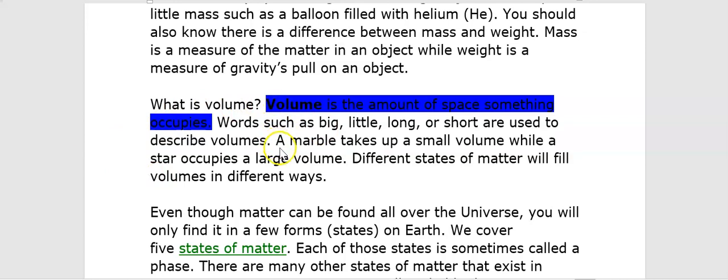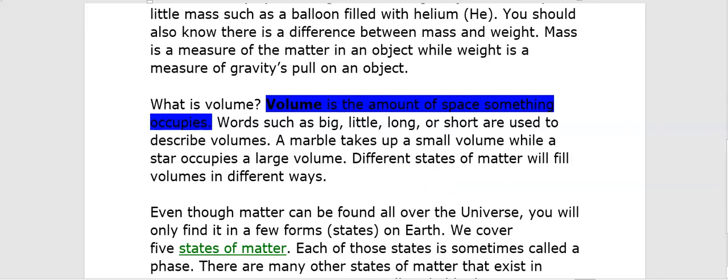Your example, well, I would probably write something like marble equals small volume, star equals large volume. It would be great if you also wrote length times width times height. That's how you find volume.